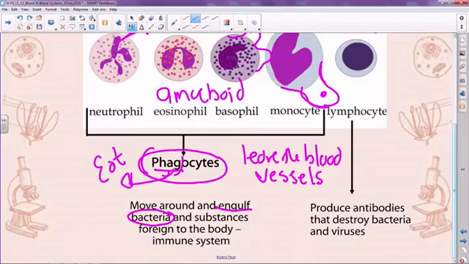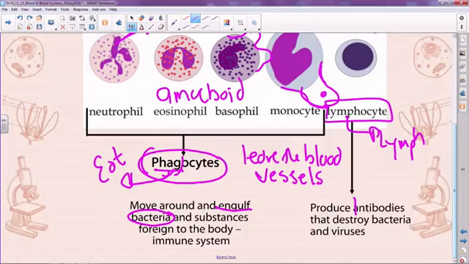Then you've got the others called your lymphocytes, and we're going to look at another transport system called our lymph system. What they do is produce antibodies. And what is an antibody? When we have a cell that attacks us, antibodies join over the cell.